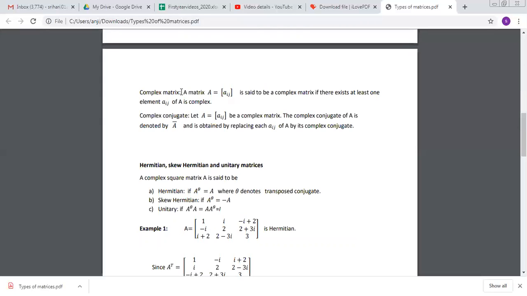Or simply, if at least one element of A is a complex number, then it is a complex matrix. If it is a complex number, we can find the conjugate also, right?